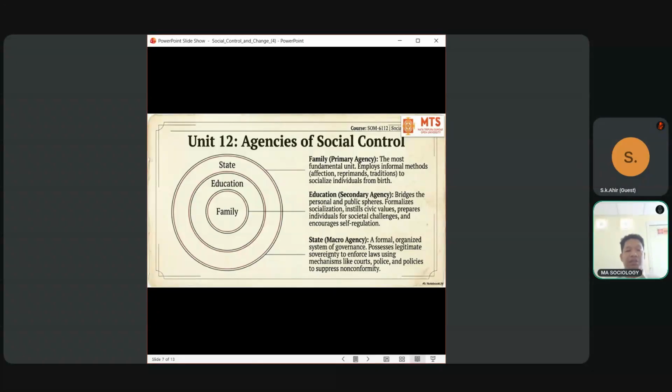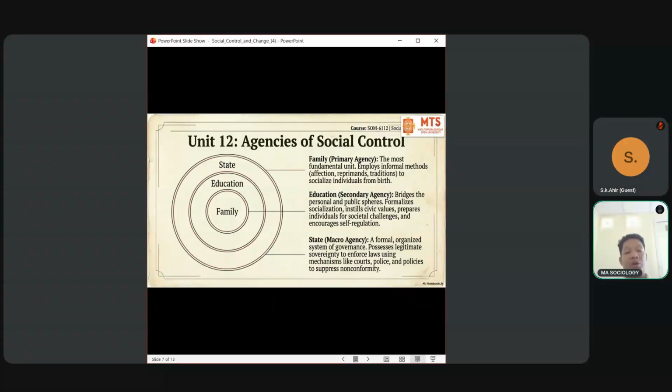This is very important for a broad question. I may ask you what the agencies of social control are. So when I ask you what social control is, it should be on the tip of your tongue: family, the primary agency; education, the secondary agency; and the state, which is more of a macro agency, which controls everything more or less.